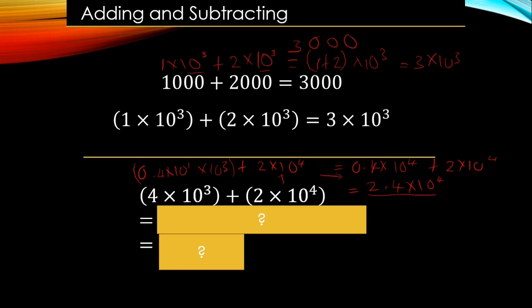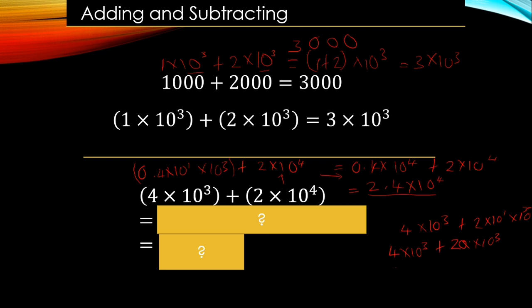Okay? Obviously, of course, you can choose to convert both of these numbers to the power of 3, for example. What we'll do is 4 times 10 to the power 3 plus 2 times 10 to the power 1 times 10 to the power 3. Okay, so here it will be 4 times 10 to the power 3 plus 2 times 10, that gives us 20 times 10 to the power 3.